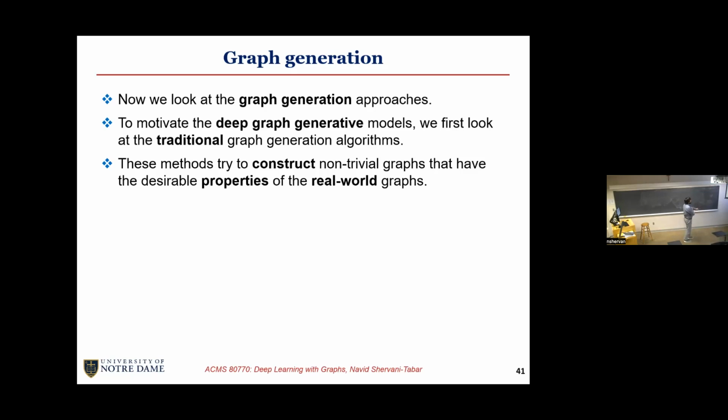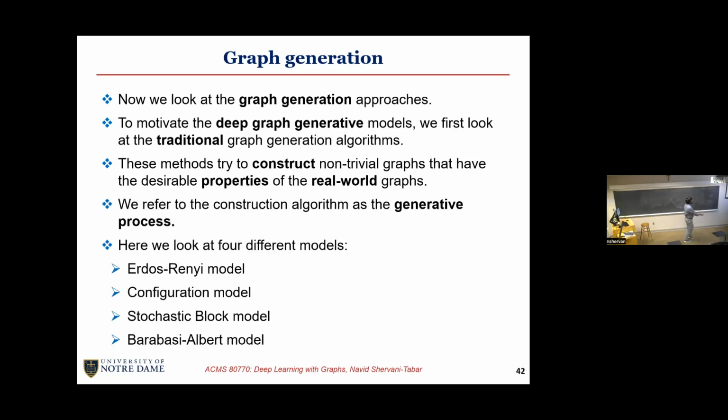So the idea is simple. We want to construct non-trivial graphs that represent real-world networks. Different approaches are characterized by a generative process, which means the process with which we construct this graph.